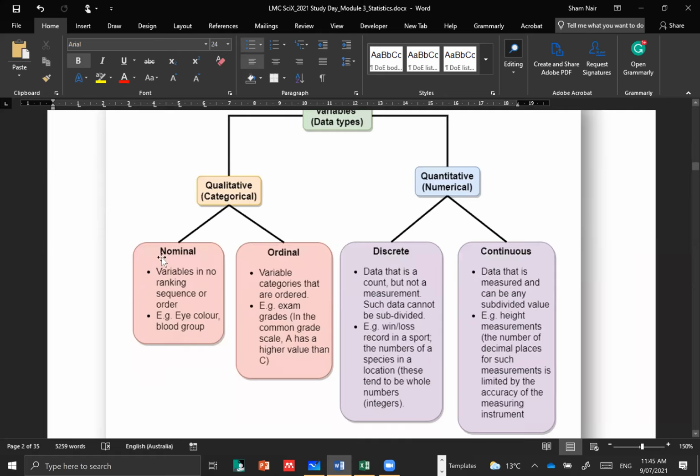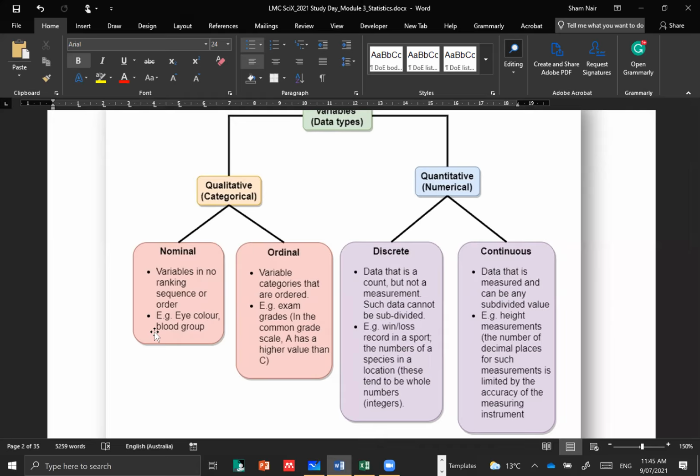So nominal, the word nom in Latin or French means name. What that refers to is variables in no specific order or sequence. If you look at eye color, you might say brown, blue, green. There's no specific ordering.